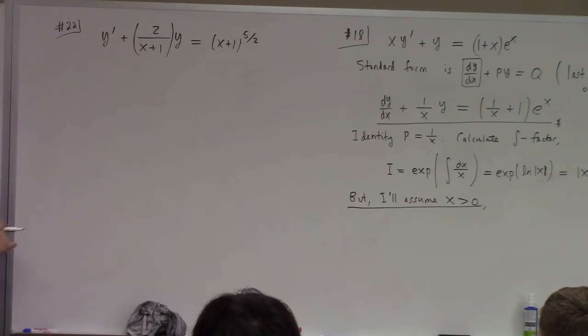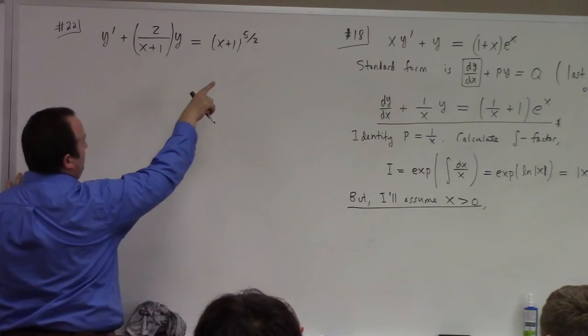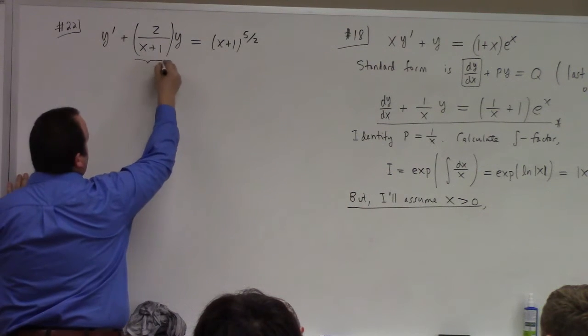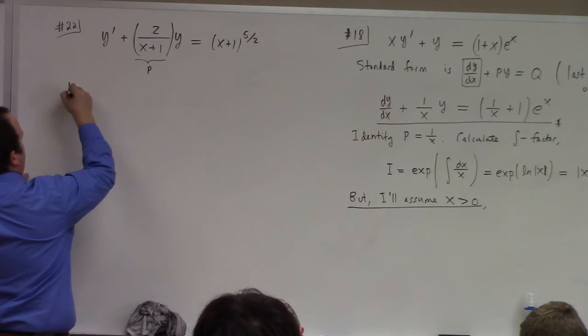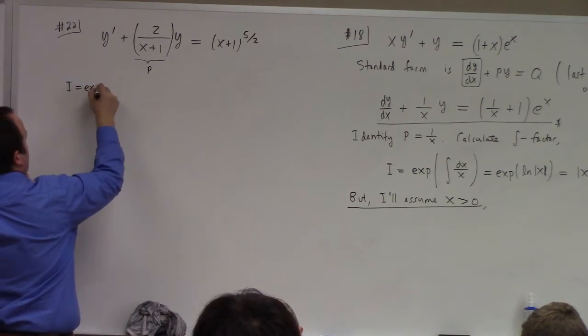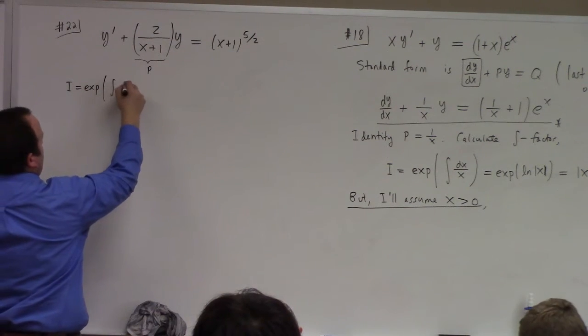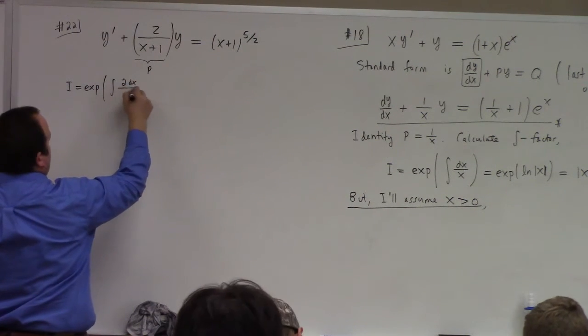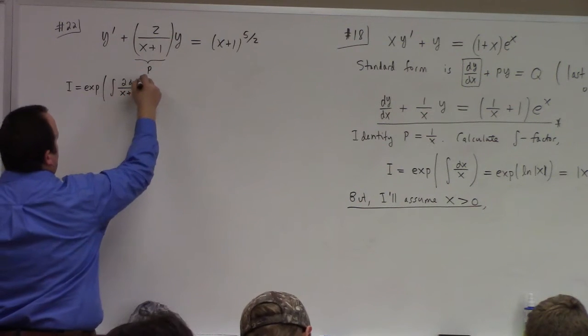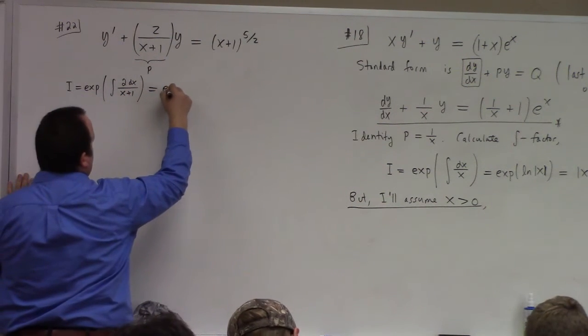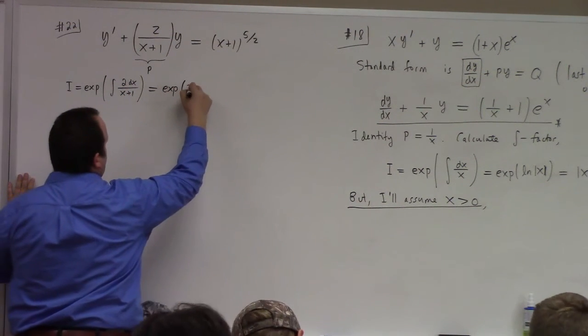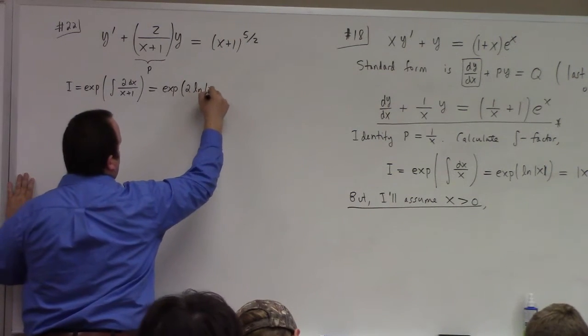So, first of all, this is already in standard form. Hooray. This is p. So my integrating factor is the exponential of the integral of 2 dx over x plus 1, right? Well, that's the exponential of 2 times the natural log of the absolute value of x plus 1.